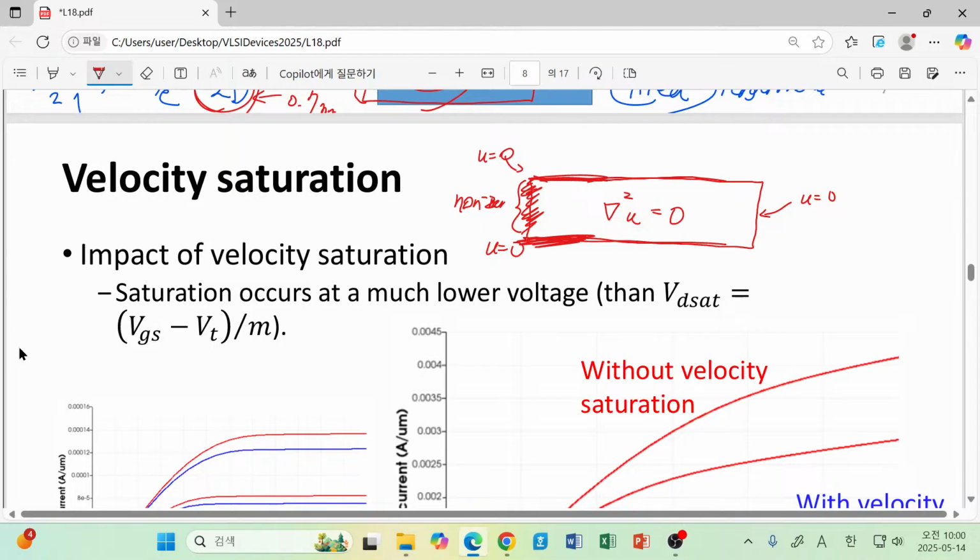Simply speaking, if this is lambda, then our solution will also vanish within the scale of lambda. That is the simple reason why we have the length scale corresponding to lambda. If we can make a very narrow line, then our solution will follow a much smaller lambda scale.